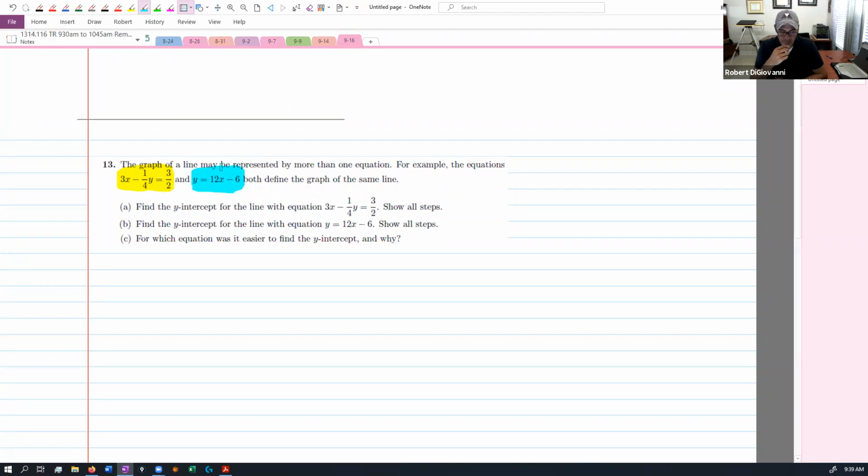So the first thing it says is to find the y-intercept for this line here, which is the yellow one. If I was looking at this and wanted to find the y-intercept, all I would have to do is set x to 0, right?